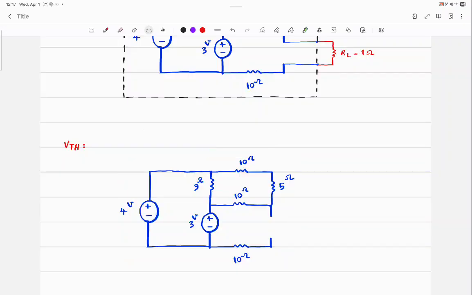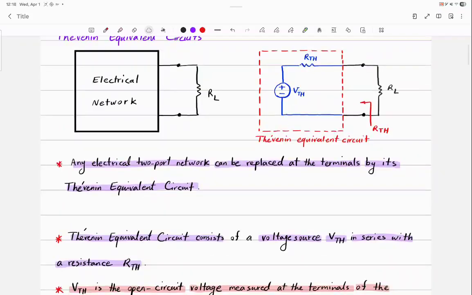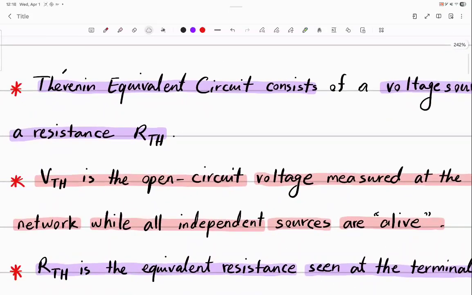Should I include the 1 ohm or no? So what should I do with those two hanging terminals? Short or open? Open. Remember the definition of VTH. What is VTH? It's the open circuit voltage, right?